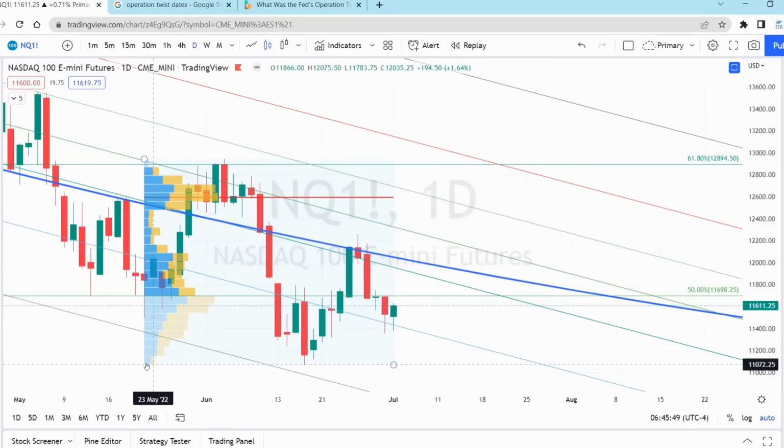See that? There are no sellers here. There are only buyers, bag holders. Here, buyers and sellers are in equilibrium. And as we go here, we have a lot of buying volume. Yeah, that's value right down here.